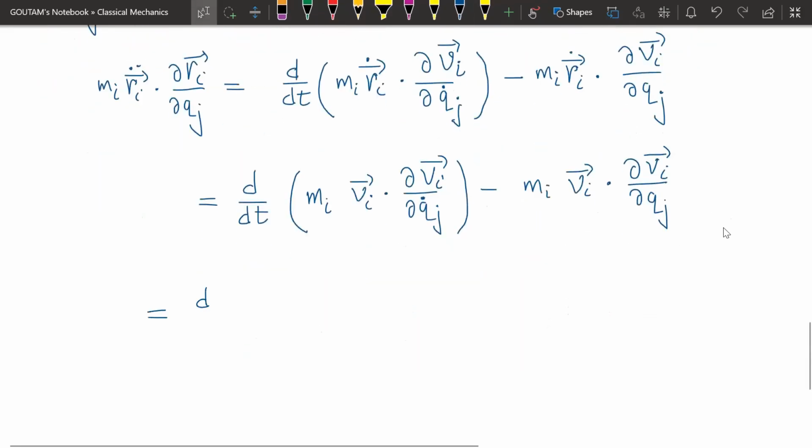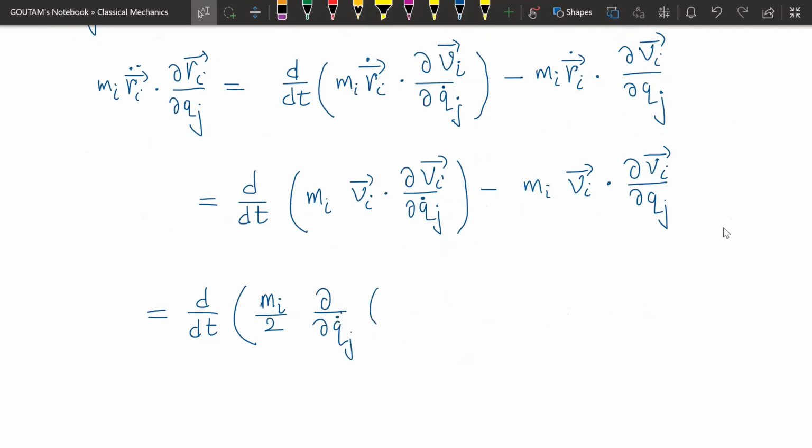This means d/dt of mi by 2, del qj dot of vi square.